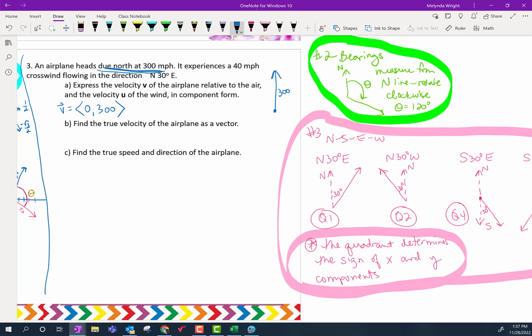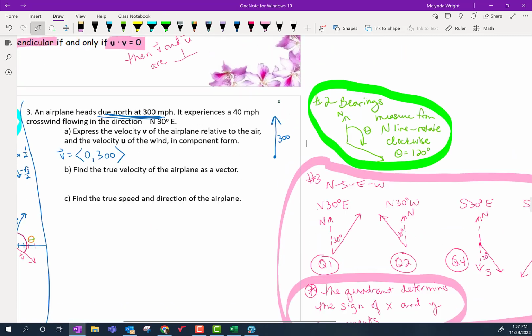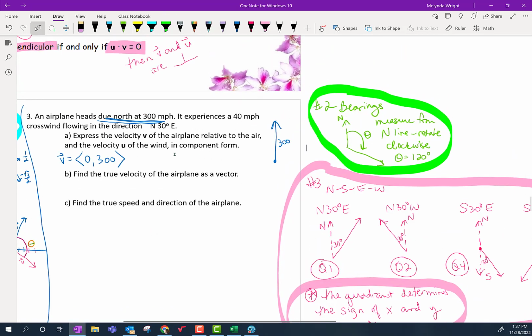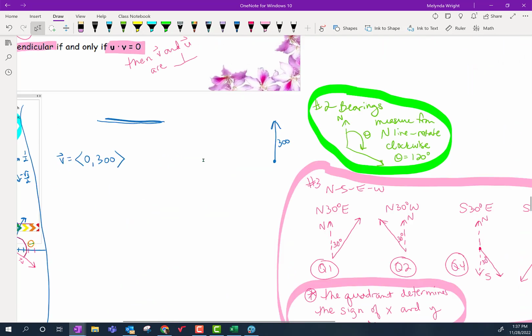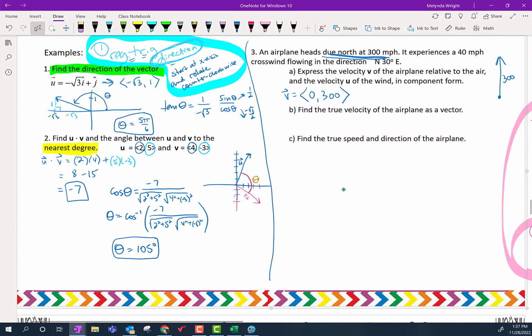All right. So now we need to do north 30 degrees east. Okay, we'll just draw it.